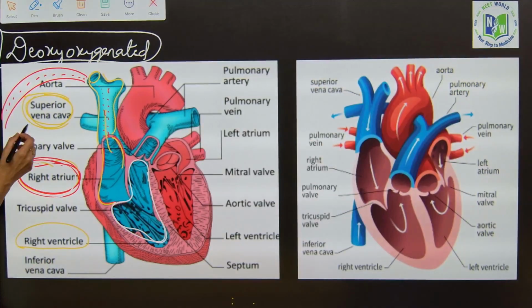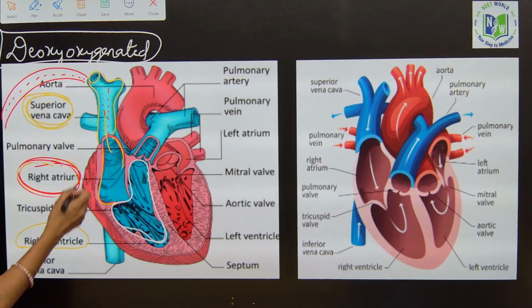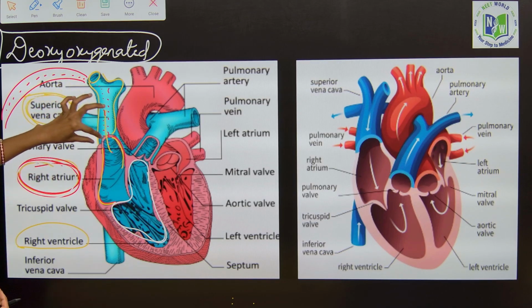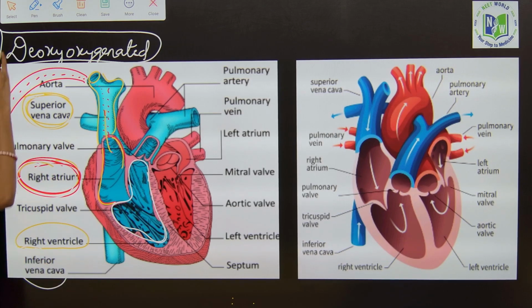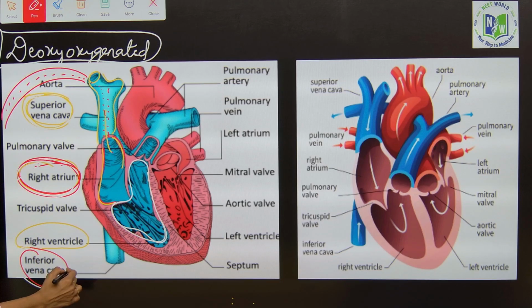Now from the superior vena cava, the blood from the anterior portions is received, and then the blood is sent and distributed into the right atrium. And if you see, there is one more vena cava called the inferior vena cava. Can you see here, my dear students?